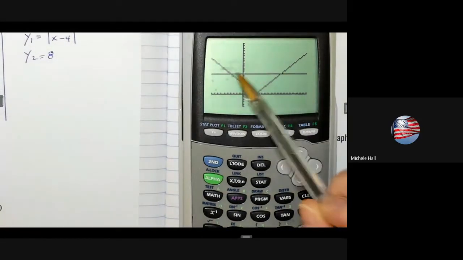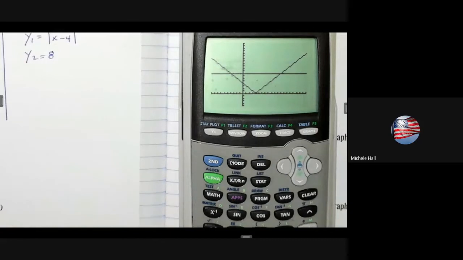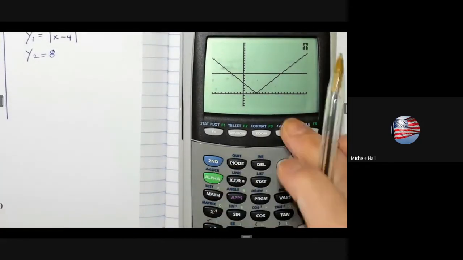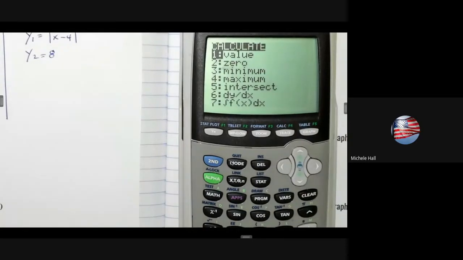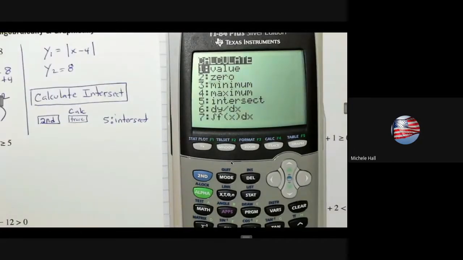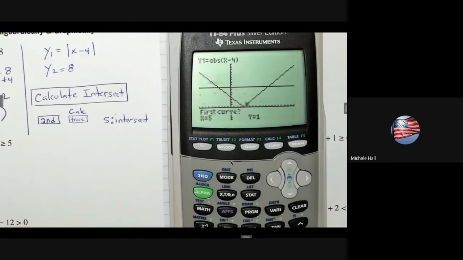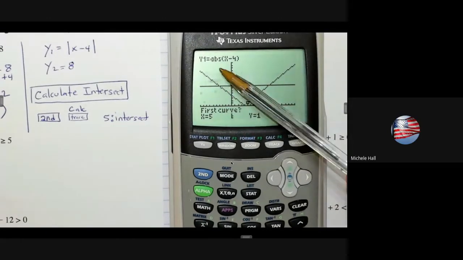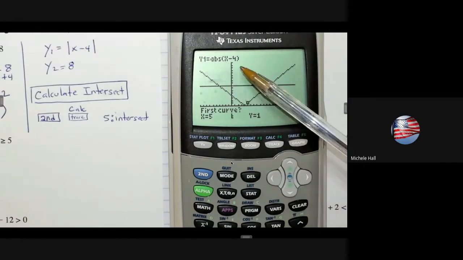I would like to look at these intersections. What are these intersections? I am going to calculate in blue. And we want to look at the intersect, number 5. I'm just going to hit 5. And now it's asking me for my first curve. My first curve is the absolute value of x minus 4.